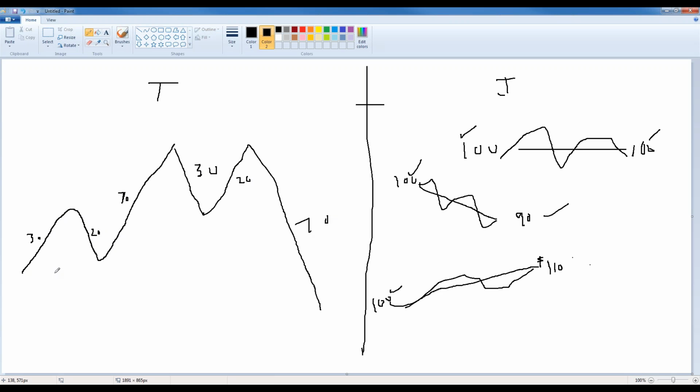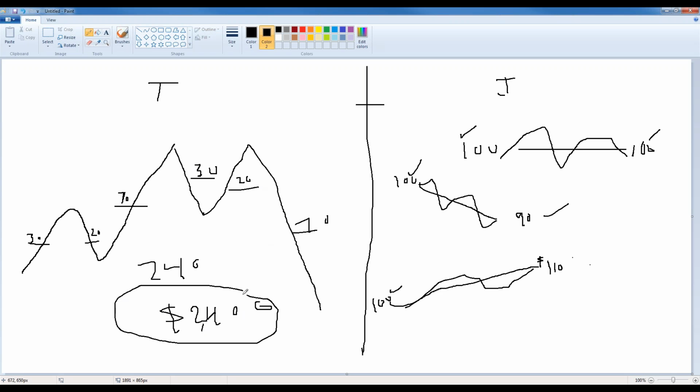So let's just say this happens during the course of a couple of days. You have 30 plus 20 is 50, plus 70 is 120, plus 30 is 150, plus 90 is 240 pips, okay? So the market worked and gave you 240 pips, or $2,400 worth of opportunity, say during 2 days. I'm just giving an example.